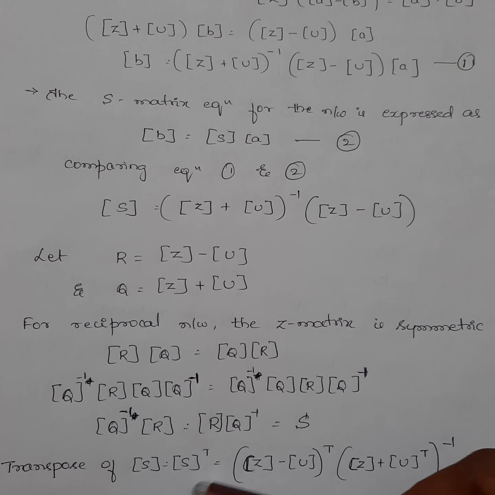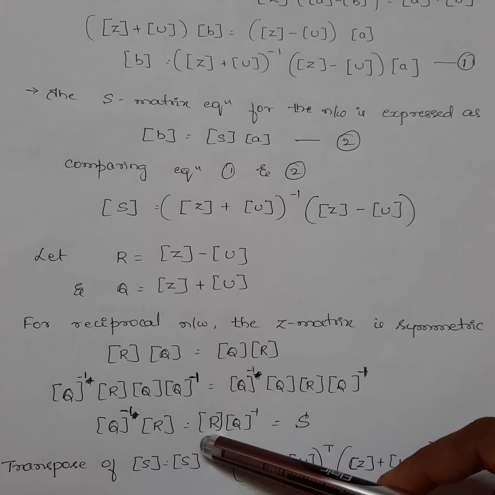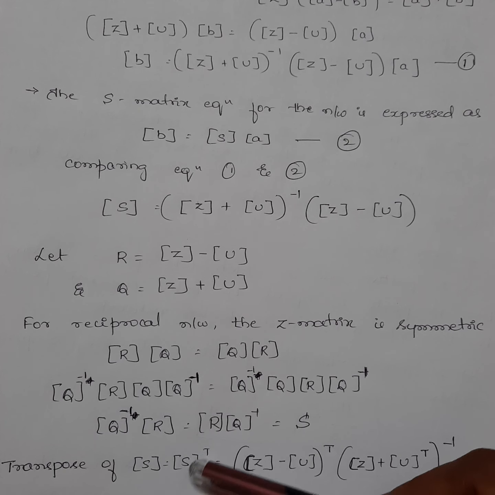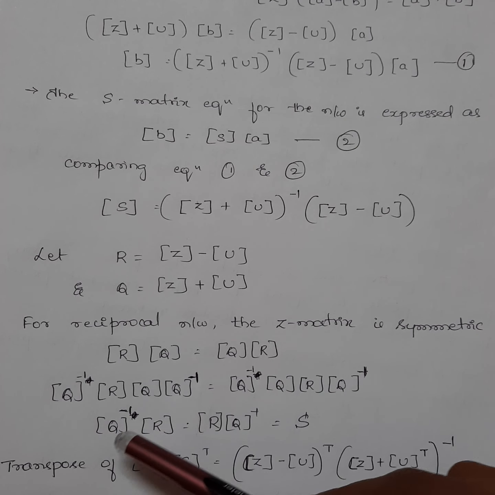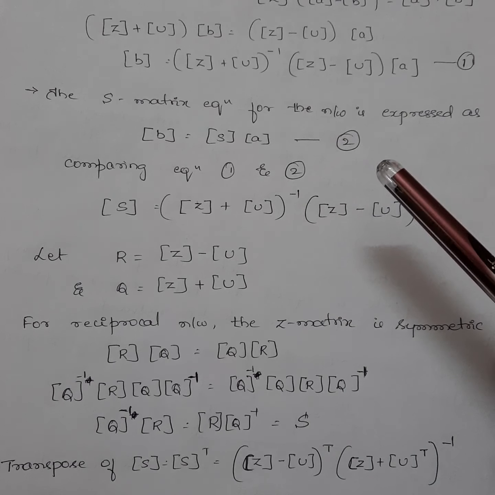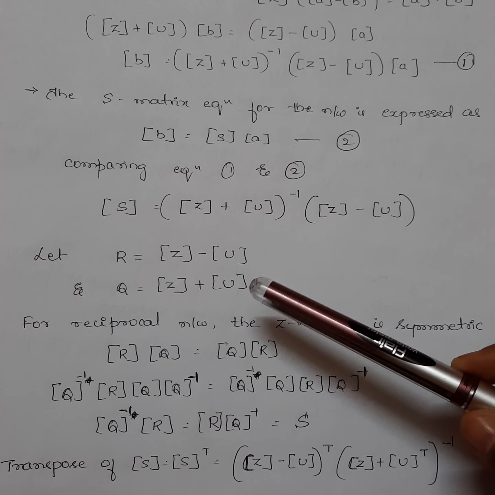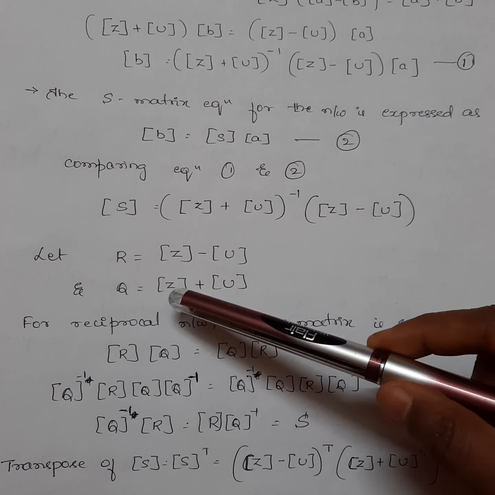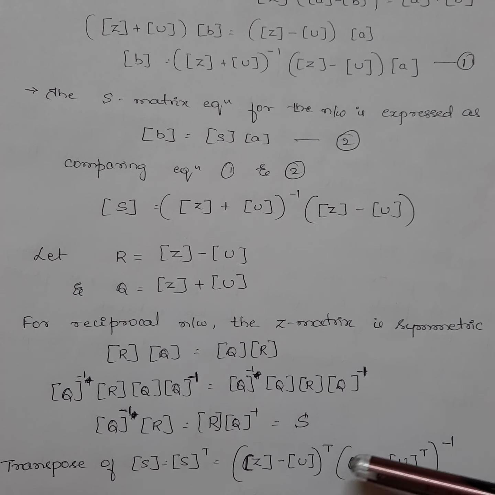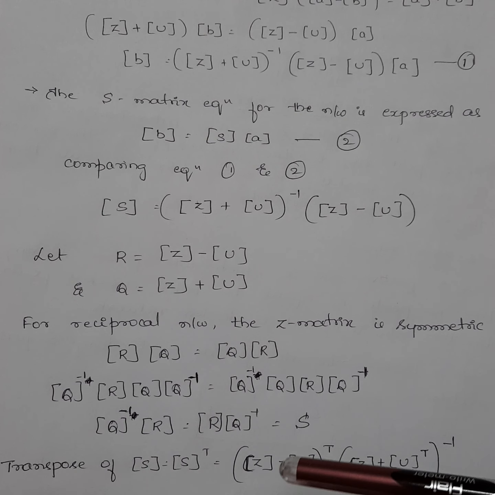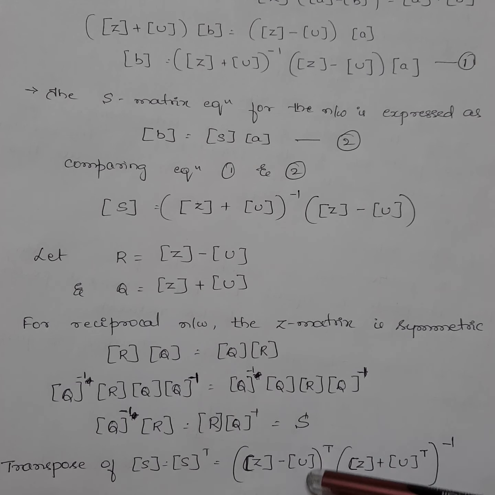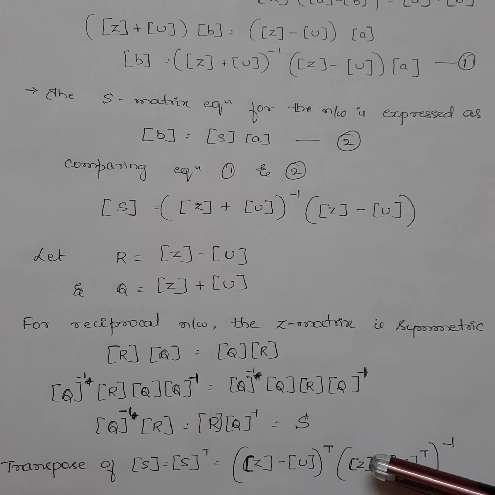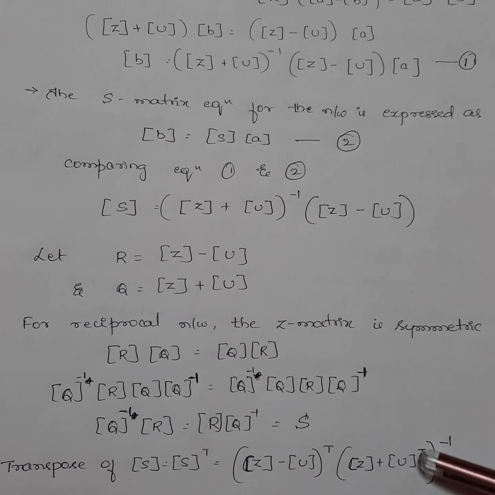The transpose of S is written as S to the power of T. Like this we express the transpose. So S transpose is equal to Z minus U, that is R, transpose into Z plus U, that is Q, inverse.